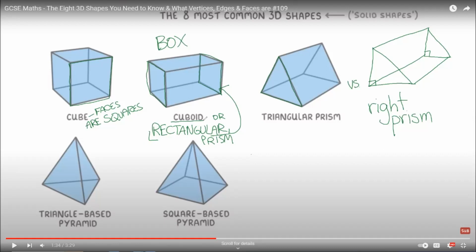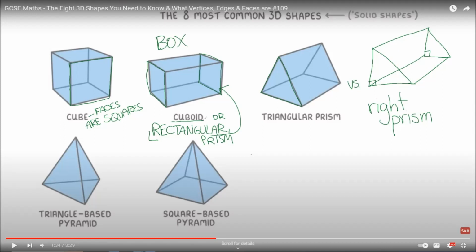And really, all cubes are rectangular prisms, just like all squares are quadrilaterals, all squares are rectangles, all squares are polygons, right? But they're very specialized. A rectangular prism could have some square faces, but if all of the faces are square, then it's a cube.